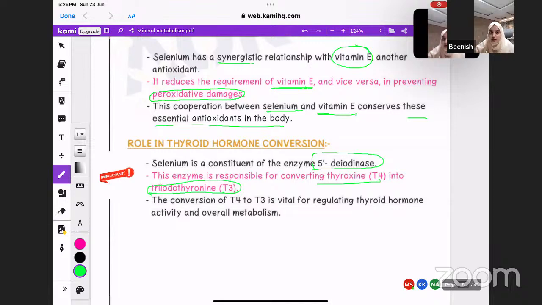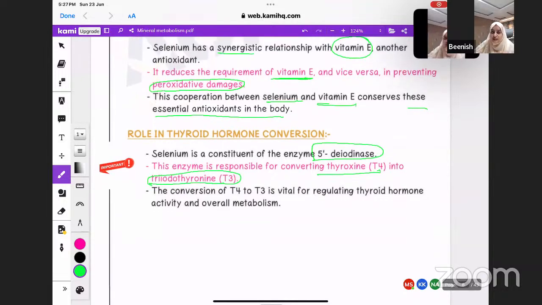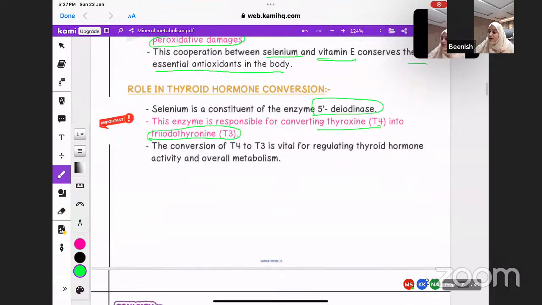The conversion of T4 to T3 is very vital in regulating thyroid hormone activities and overall metabolism. Thyroid hormone maintains the BMR, so if there is any defect in selenium, there will be an effect on thyroid hormone.